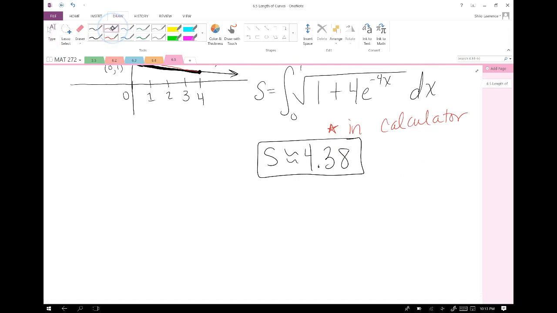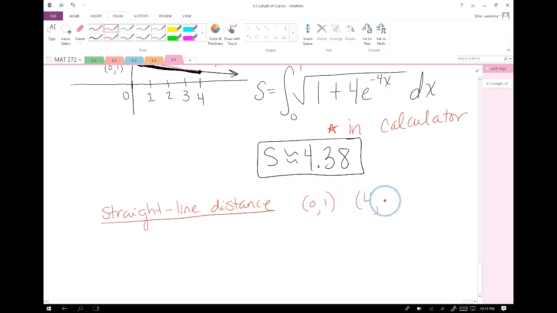And just because I'm curious, this doesn't look like it's going to be that much of a difference. I want to know what the straight line distance is. So I labeled my points there. We've got the point (0, 1), and we've got the point (4, e to the negative 8). So remember, straight line distance, you're going to find the difference in your x-coordinates. 4 minus 0 is 4, and then we square it.